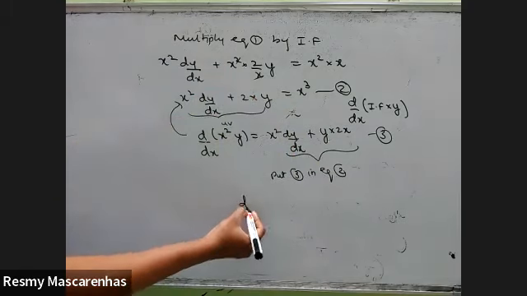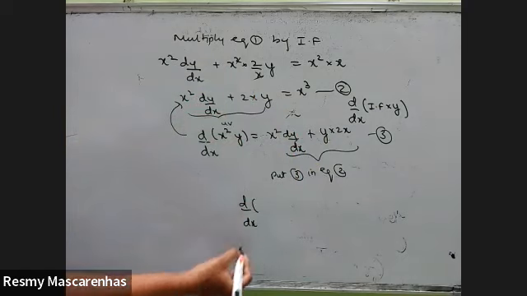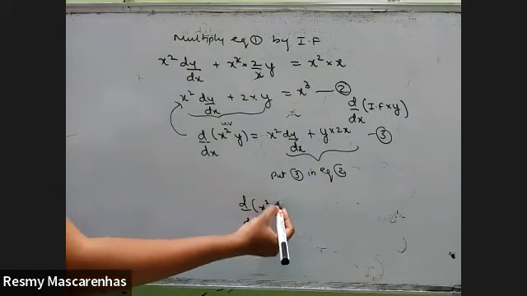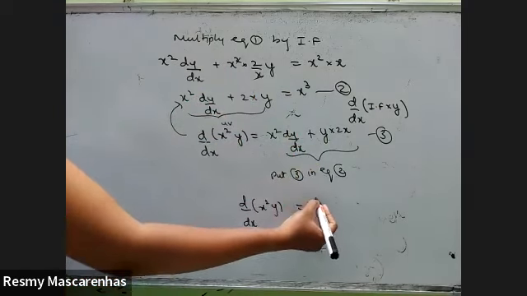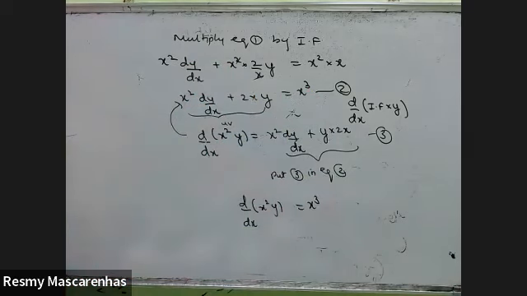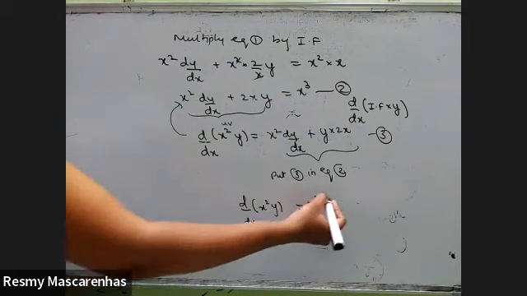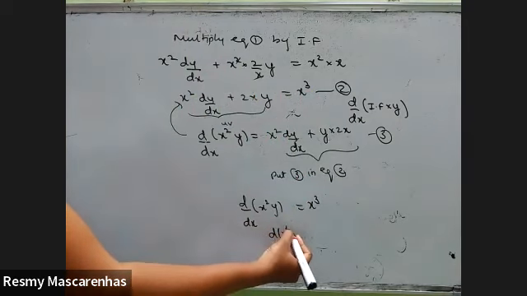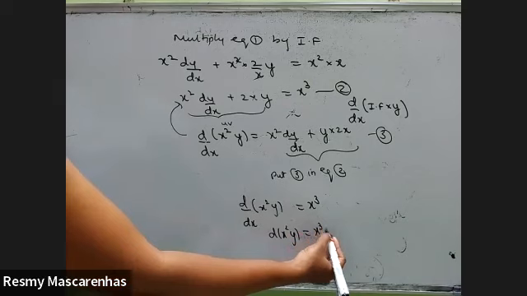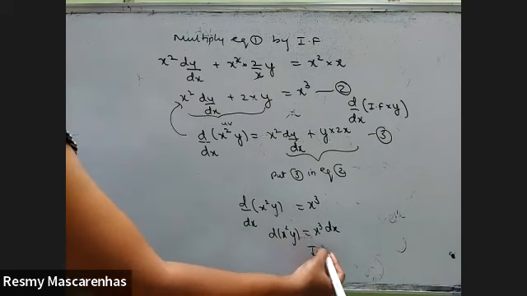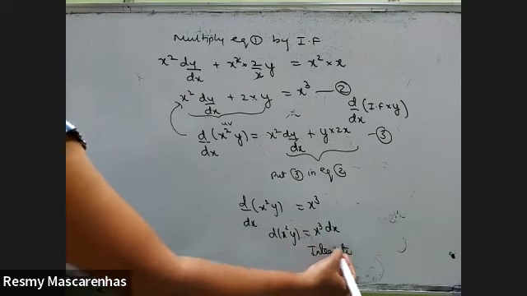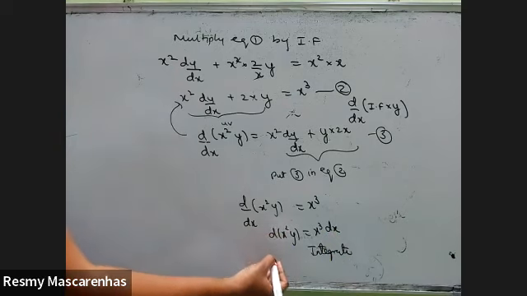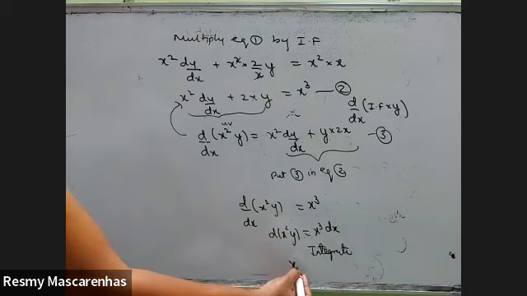This I'll write. What is the right hand side? X cube. Now you integrate. Before that, you can take dx on the other side. Integrate now. So when you integrate, derivative and integral will cancel.